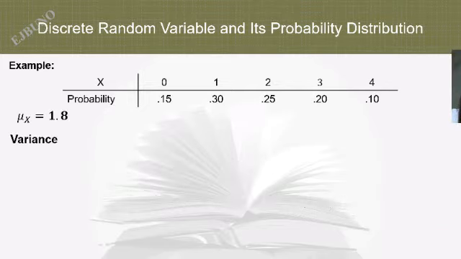Next is calculating the variance of a random variable. Noting that the mean is equal to 1.8, we must calculate the variance by using its formula.